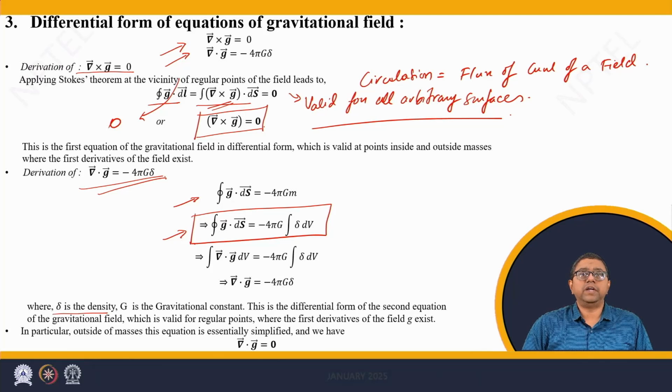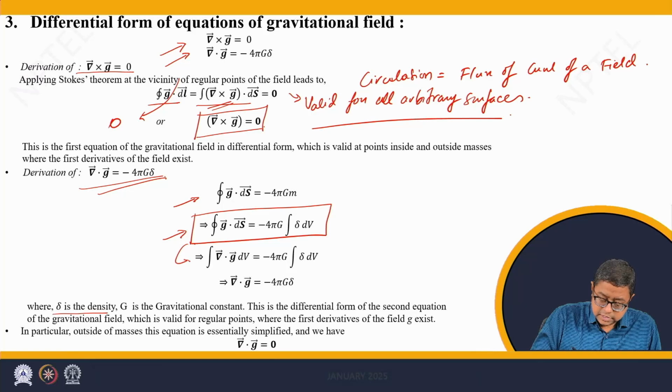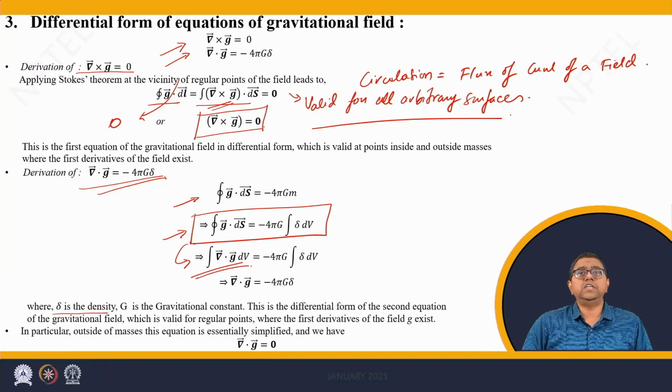This can be given in terms of the integral of divergence of g dV equals the right hand side. Now, divergence of g dV comes from the Gauss theorem.